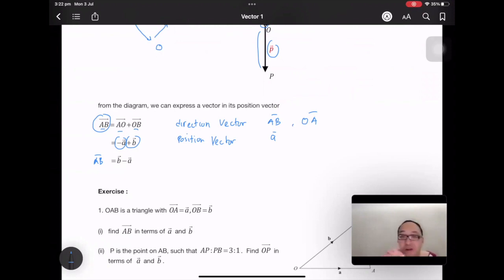So any two points, we call it a direction vector, but any single small letter vector is a position vector.